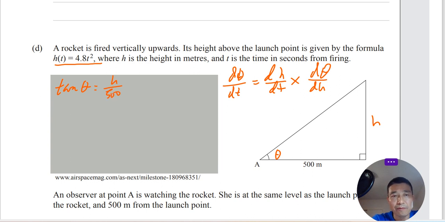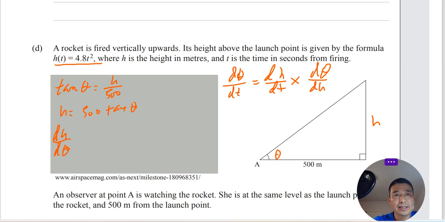When we differentiate this, we have to make h the subject: h equals 500 tan θ. So when we differentiate h in terms of theta, we can find dh/dθ and then flip it over, right?